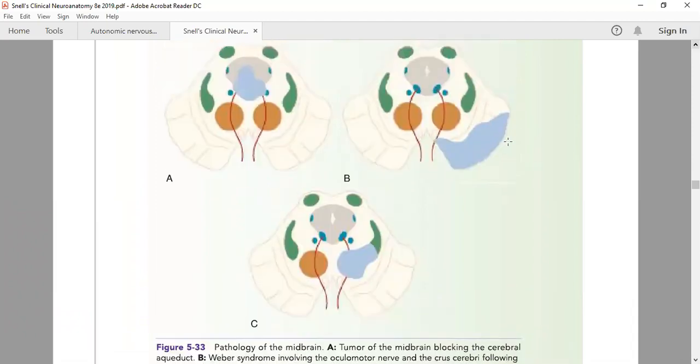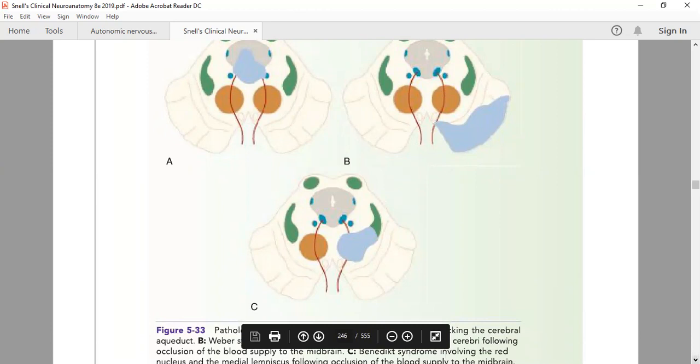You can see here that Weber syndrome involves the crus cerebri and oculomotor nuclei. You can see this is the oculomotor nuclei.